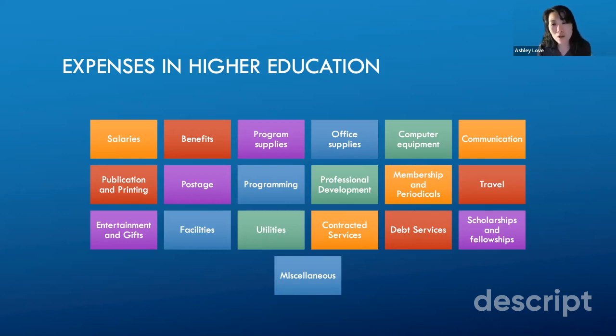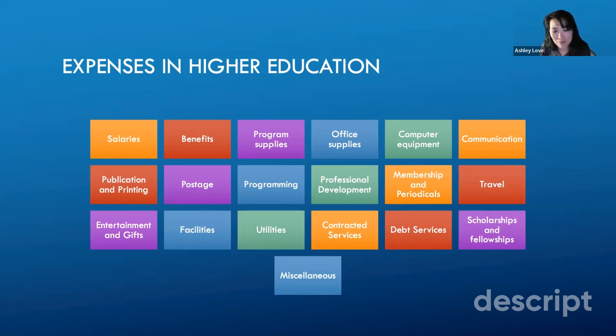So you also have to look at debt, scholarships and fellowships. When you give out fellowships and scholarships, it's an expense, it's funding that you're giving out to the students. So these are some of the things we are talking about in terms of expenses.